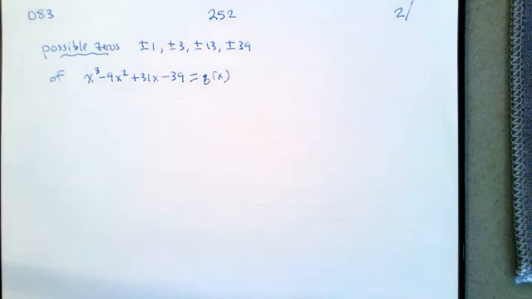We can either evaluate q at all these points, or we can divide the polynomial by x minus the one that we're trying.